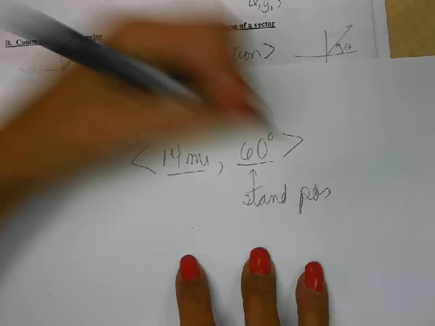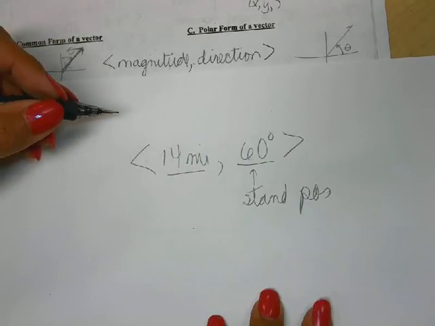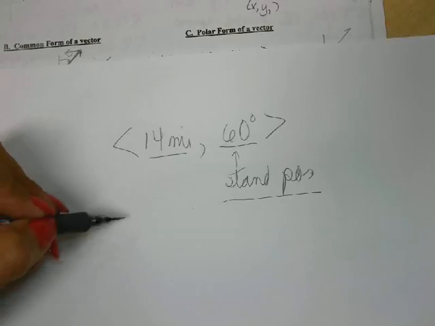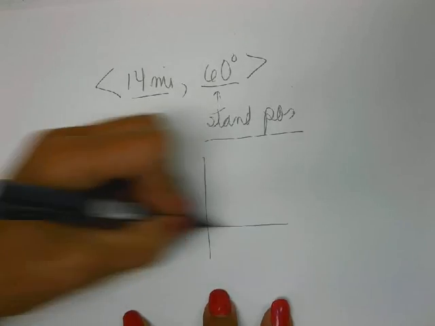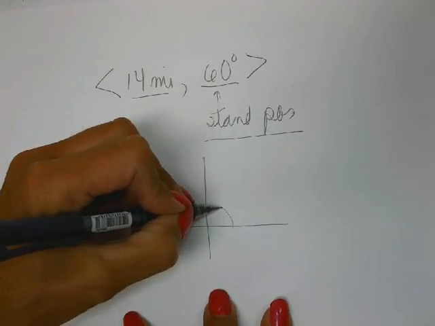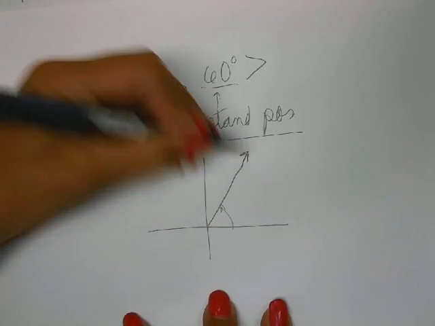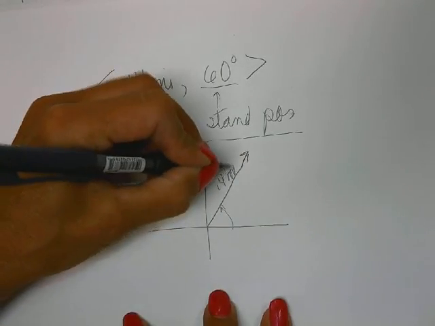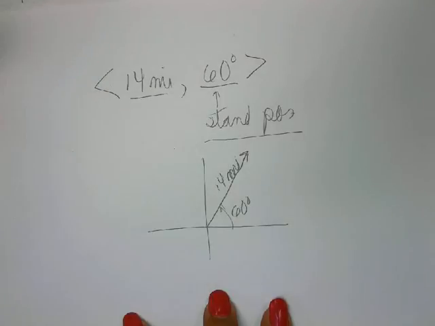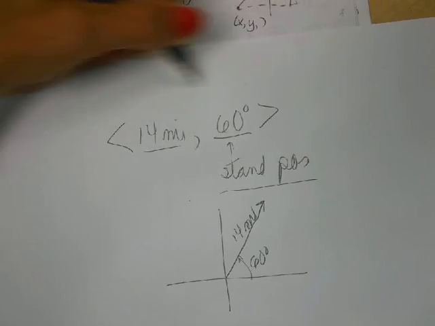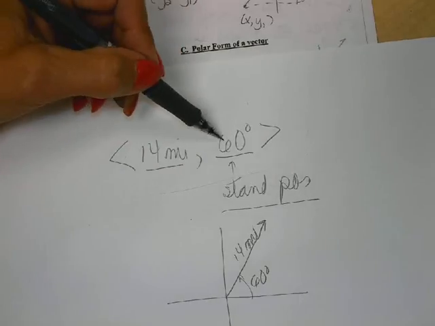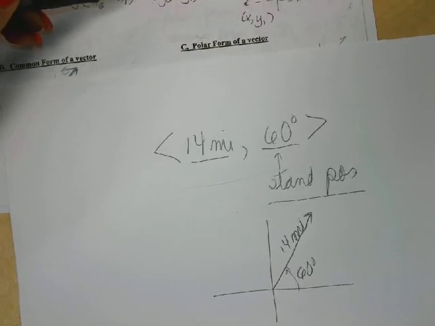Is it a standard position angle, or is it a bearing? If it's a standard position angle, then we would say go up 60 degrees, that's a standard position, and the length of this vector would need to be 14 miles. And so this would be considered a polar form vector if I give you the angle in standard position.